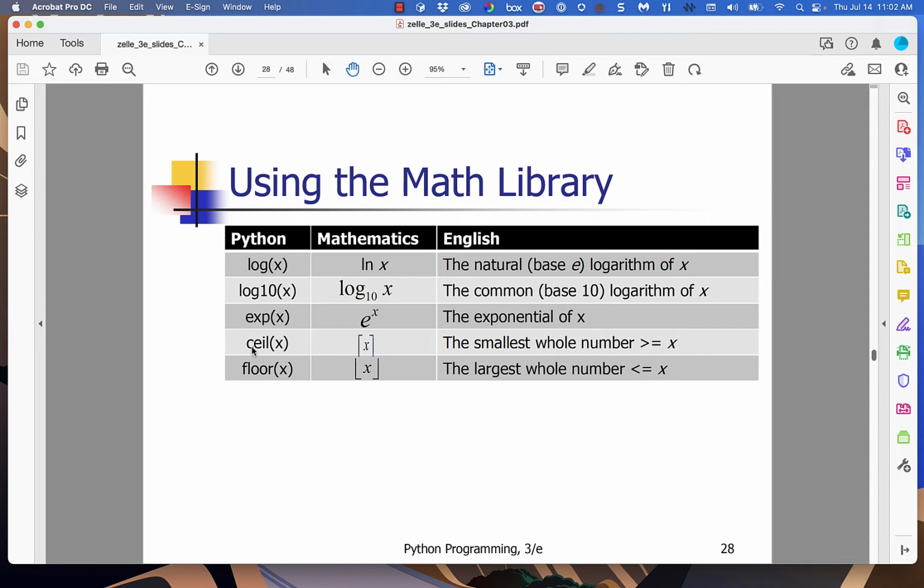If we had minus 4.5, then the int to the right is minus 4. Floor is going to give us the int to the left of that float. So if we had a positive 4.5, then the floor of it is on the left. It's going to be 4. If we had a negative 4.5, then the floor is going to be on the left, on the number line. It's going to be negative 5.